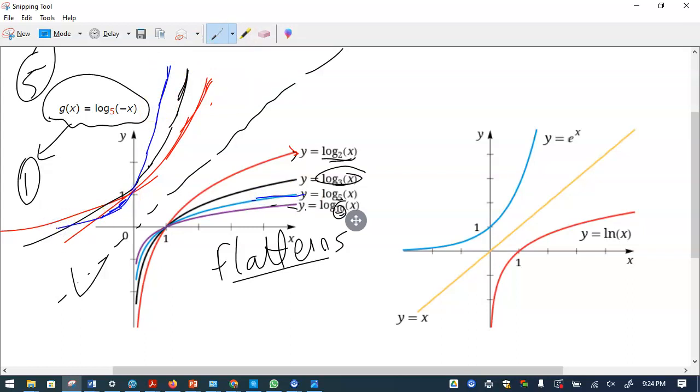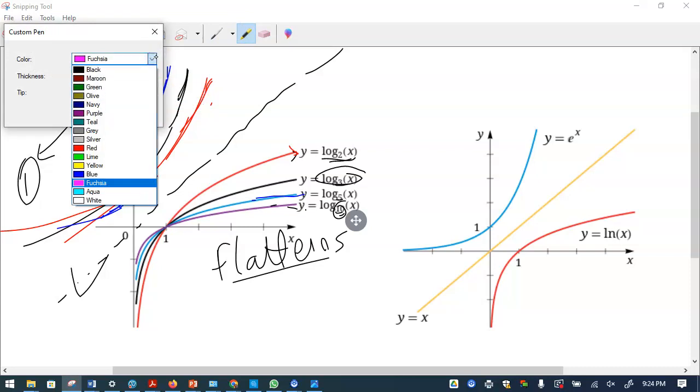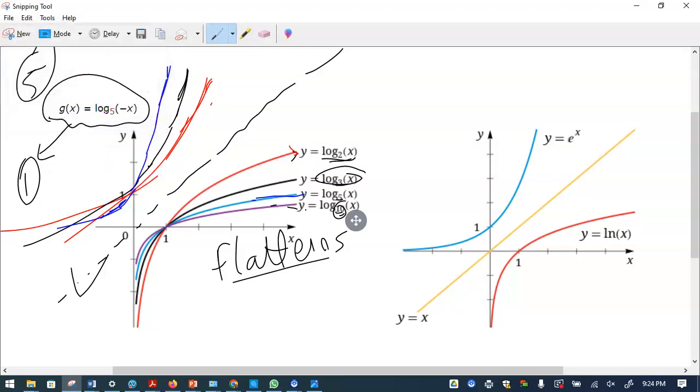And then the purple one, I don't have a purple one. I'll have to get the purple one. Oh, there you go. This purple, which is closer to the x-axis, will go something like this. So the idea is what this graph looks like.